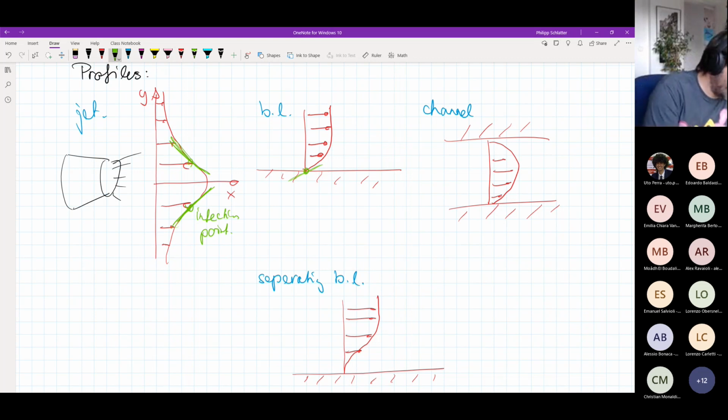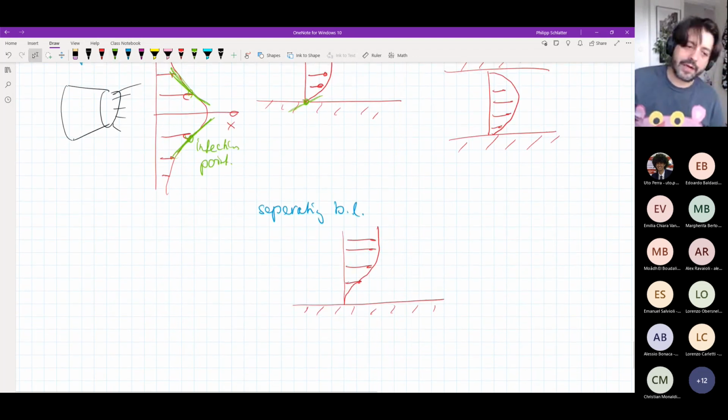So there would be an inflection point right at the wall, but of course that's not the same as having it somewhere in the domain. In the channel flow, you have no inflection point. There's no position where the derivative changes sign, or where you have 0 curvature.